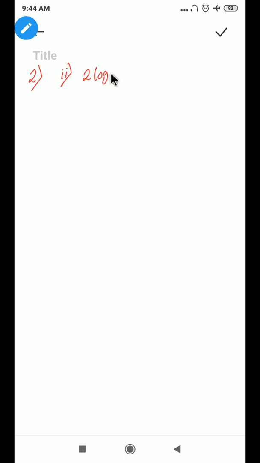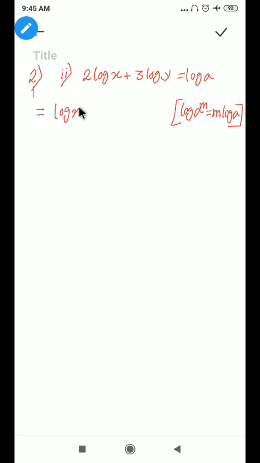2 log x plus 3 log y is equal to log a. We know a formula, that is logarithm A to the power m is equal to m log A. Now using this formula, 2 log x you can write as log x square.